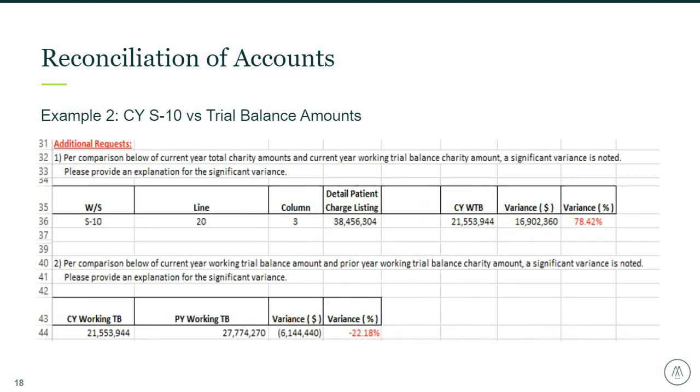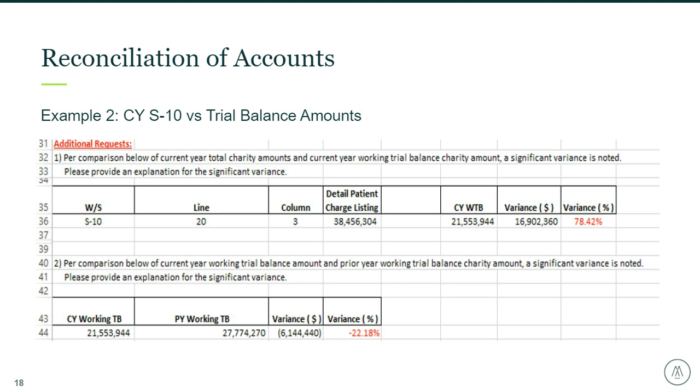Now, the next example on this slide is of an auditor comparing the patient-level detail reported for line 20, column 3, your total charity, to the current year's working trial balances and the charity on the account. As I mentioned earlier, comparing the trial balances to the patient detail isn't exactly apples to apples.